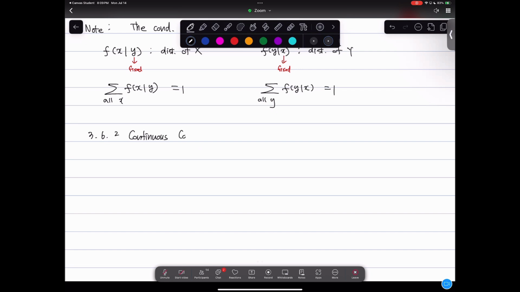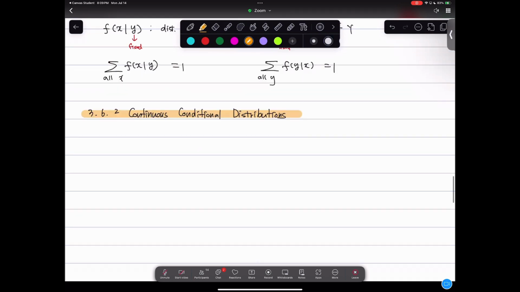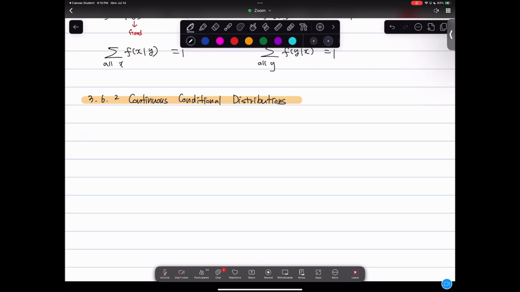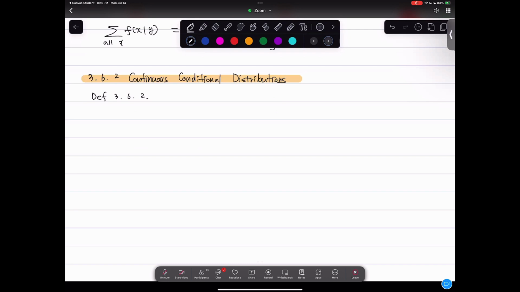Continuous conditional distribution. All right, let's get a continuous case. Let me start with the definition, definition 3.6.2. Now we have a joint PDF.